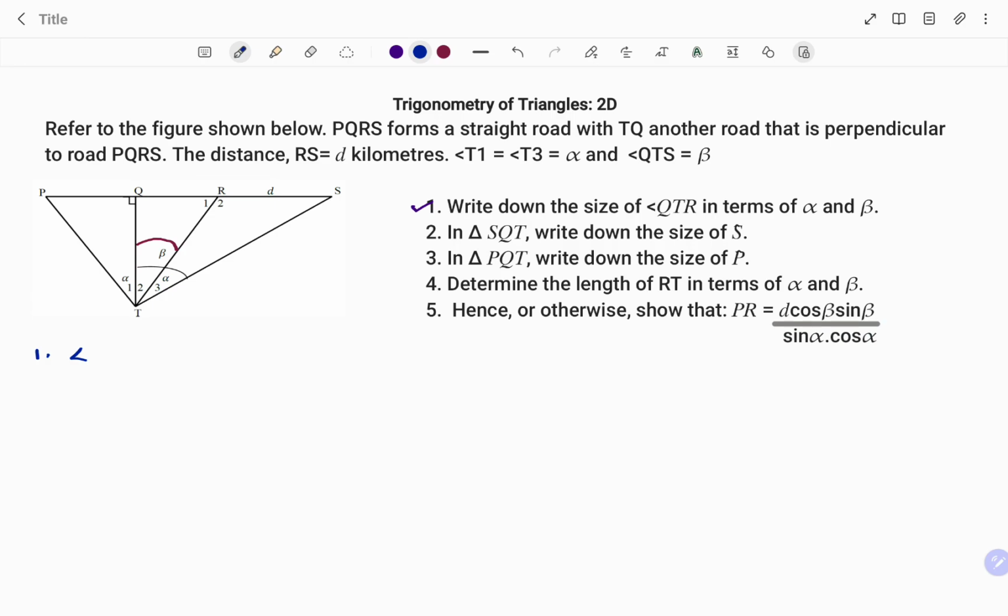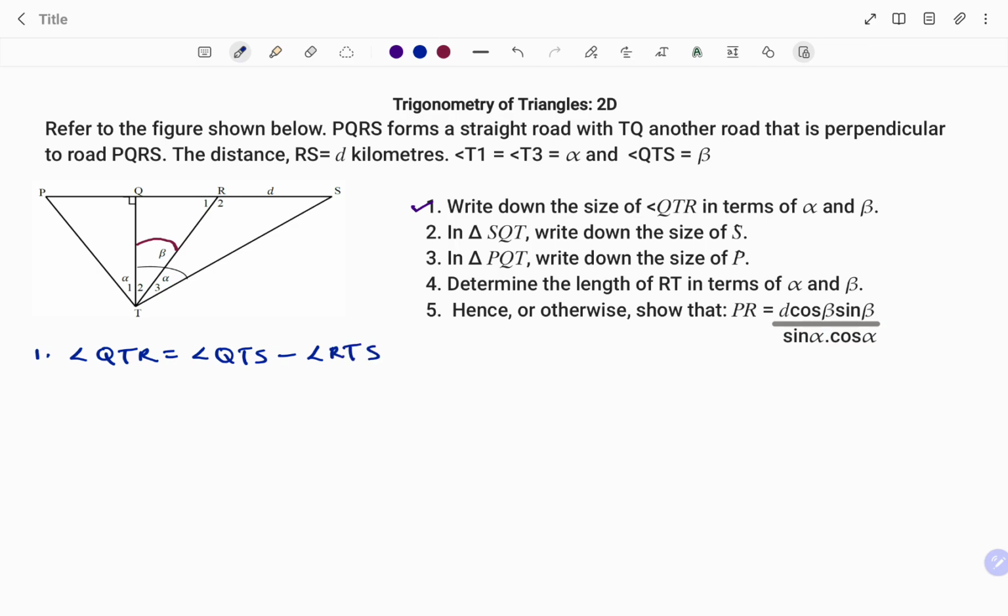angle QTR is equal to the total angle QTS, minus angle RTS, which is alpha.